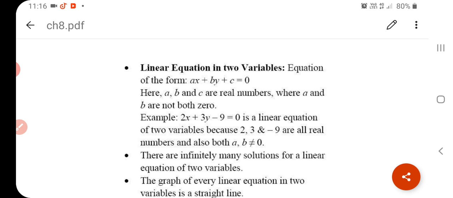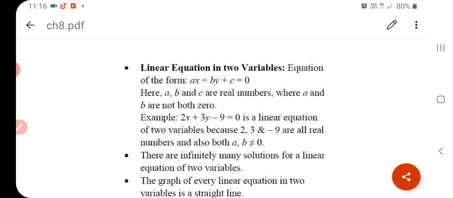We have solved this equation, and the solution is the root of the equation. We find the solution, root and value of the equation. This is also called the zero of the equation. Every linear equation in one variable has one and only one solution.